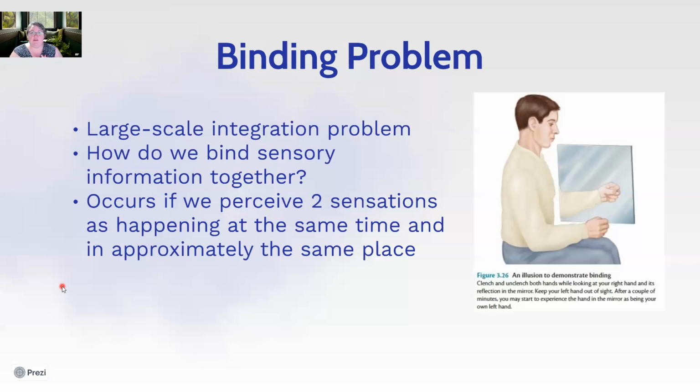Another example they give is of movies that are dubbed. So we might be hearing that someone is talking, but we can see on the screen that someone's mouth is moving differently than the words we're hearing. So that's another example of perceiving and understanding that those things are not happening at the same time.